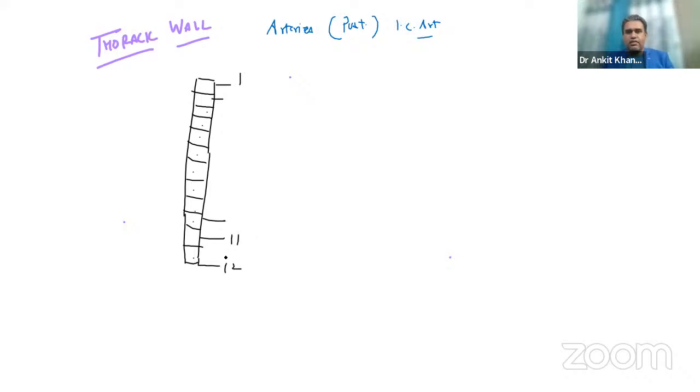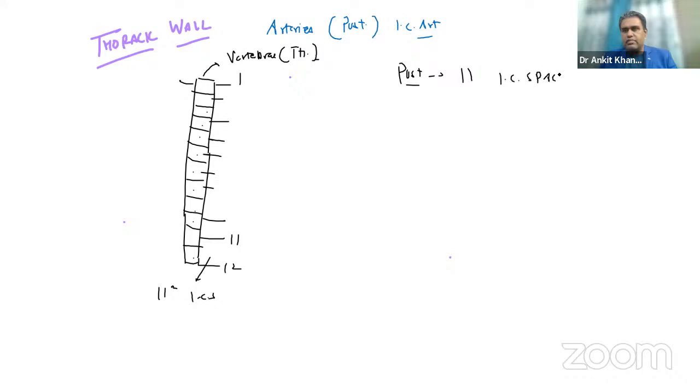Between the 11th and 12th ribs, which space will be over here? The 11th intercostal space. I'm not going to draw each rib, but just understand, for understanding these are the thoracic vertebrae and the ribs are coming out. So posteriorly we have 11 intercostal spaces, and so we will have 11 posterior intercostal arteries.